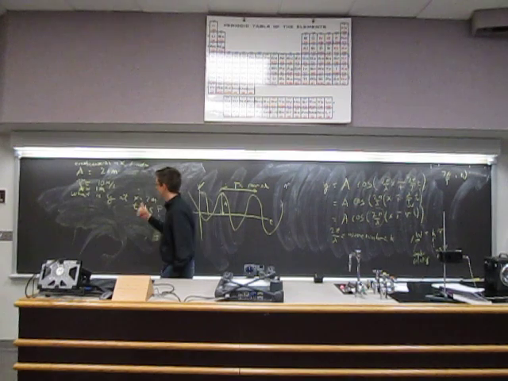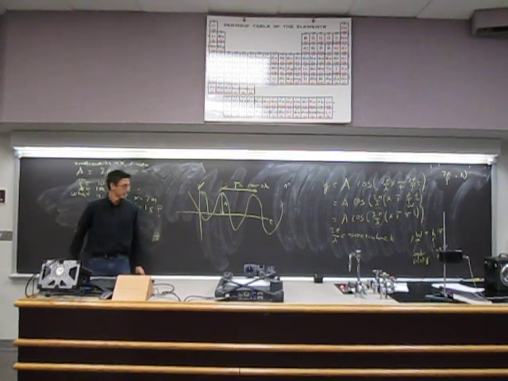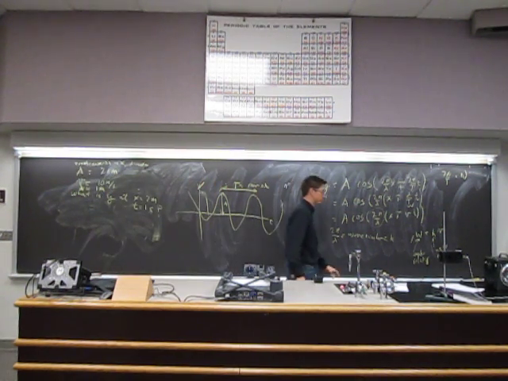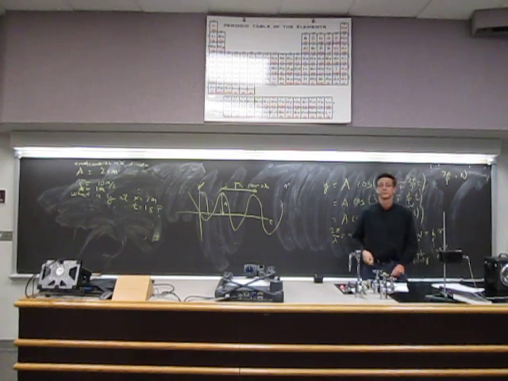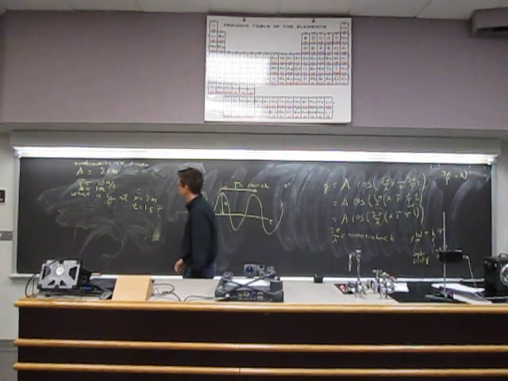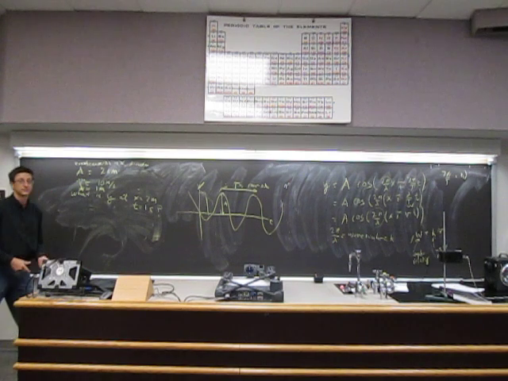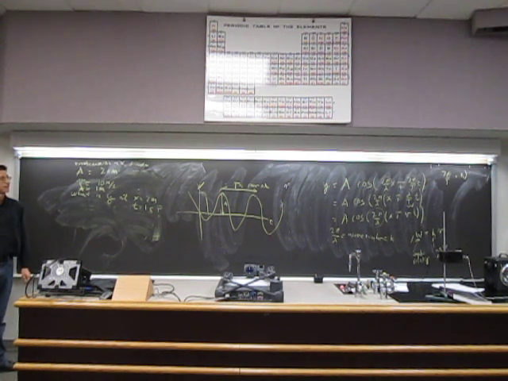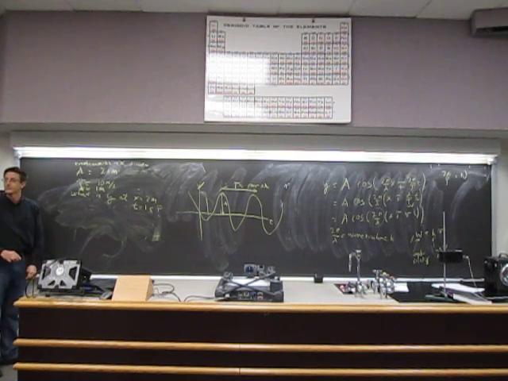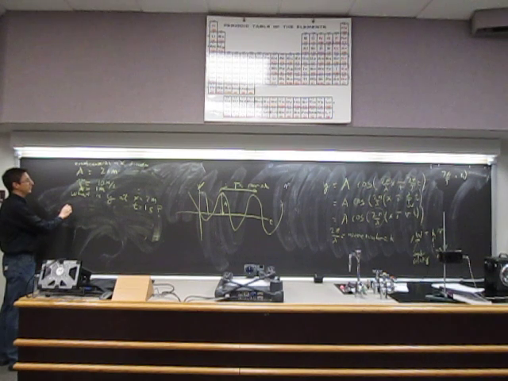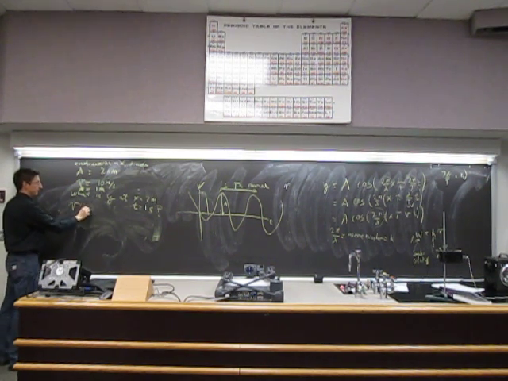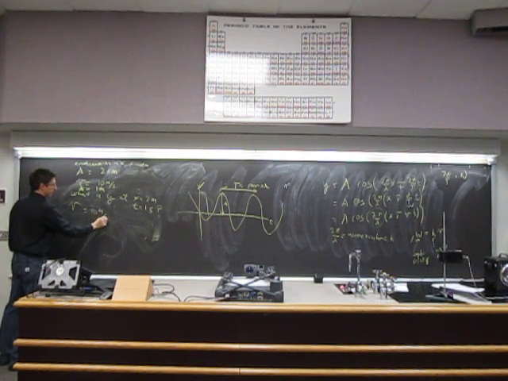Okay, so let's go through this one really quick. What do we have? And that equation. Can we use that equation? Yeah. So let's just go ahead and see what we did. First of all, if we know what the speed is and we know what the wavelength is, wavelength is 1 meter.